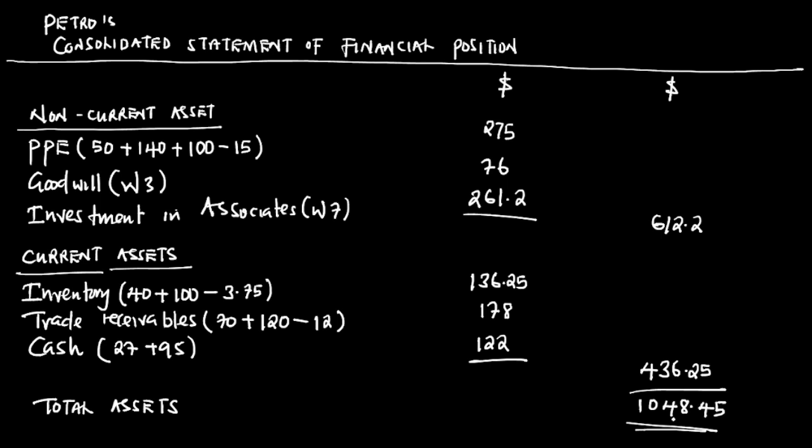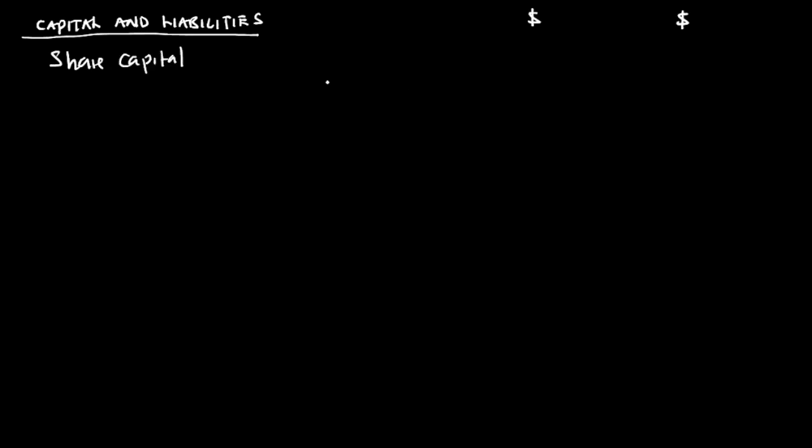Then we go down. Capital and liabilities. So here we have the share capital. You just get it for the parent company. I'll explain why for the sub.